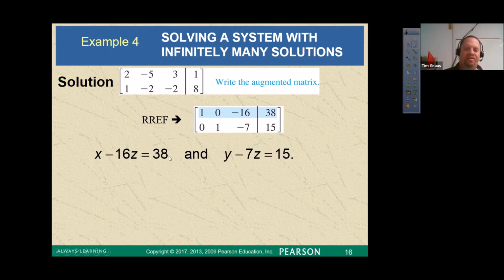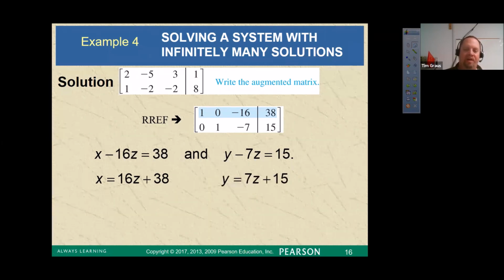Now each of these equations can be solved so that one of the variables is by itself. In the first case, it's easy to solve so that x is by itself. x equals 16z plus 38. In the second case, it's easy to solve for y to get by itself. y equals 7z plus 15.